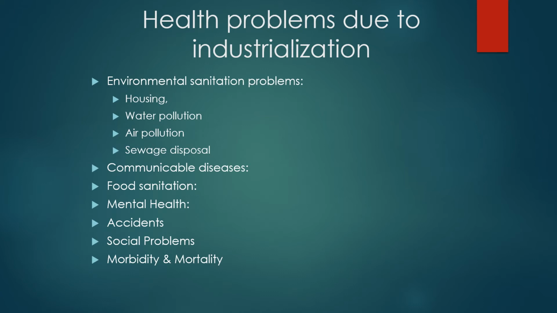All these are communicable diseases due to improper sanitation, mainly because of improper water, air and sewage disposal. The other communicable diseases likely to be seen with industrialization are tuberculosis and venereal diseases.